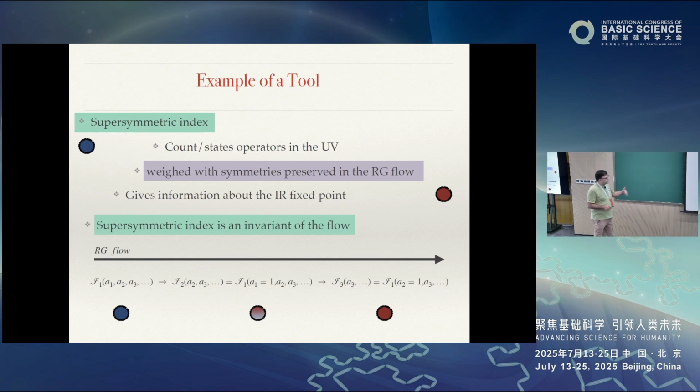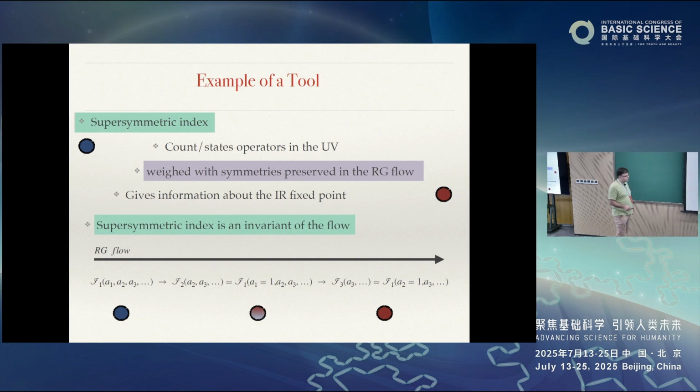We count these operators or states with some weight. So we weigh these different objects with parameters, fugacities, which correspond to the symmetries which are preserved during the renormalization group flow. And this gives us information about the infrared fixed point. And these indices are invariants of the renormalization group flow.